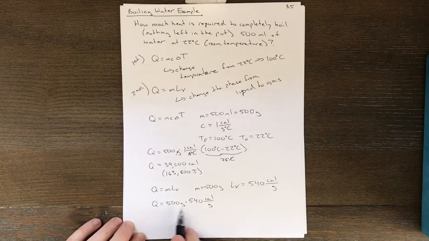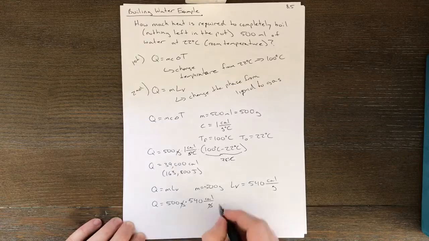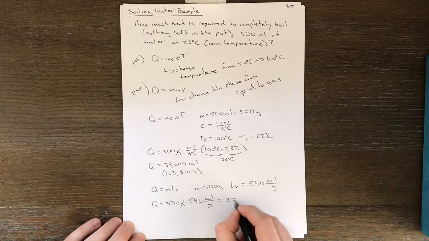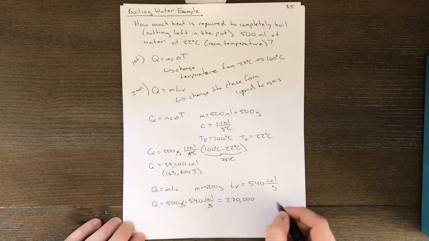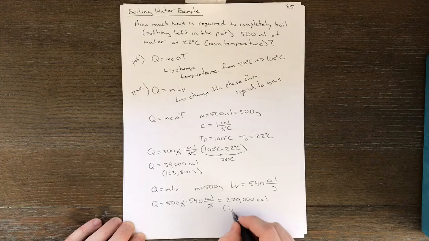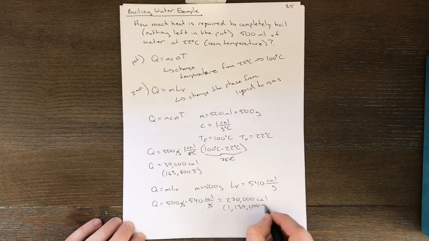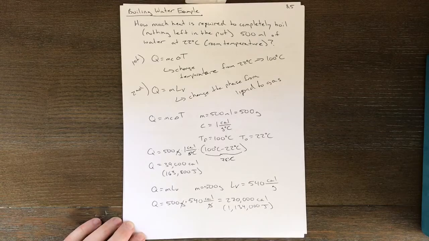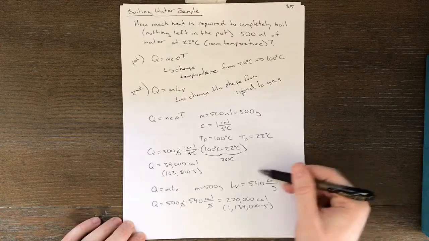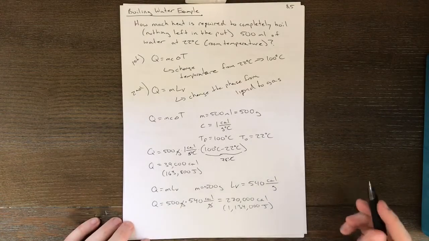So 500 grams times 540 calories per gram. We see the grams canceling, and we are left with 270,000 calories, which would be 1,134,000 joules, if we just wanted to convert this to joules, or had we used the latent heat with the units of joules instead. But are we done?